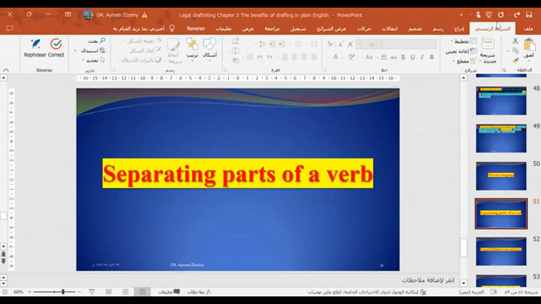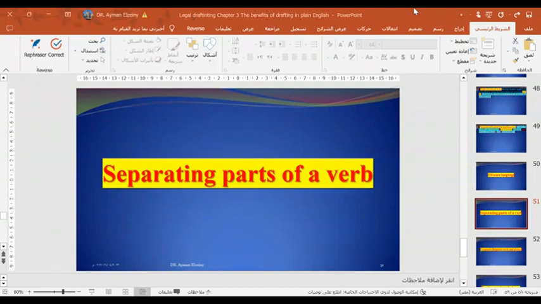In the last lecture, we started our discussion about one of the most important points you have to consider when you make any legal draft, contract, statute, whatever.